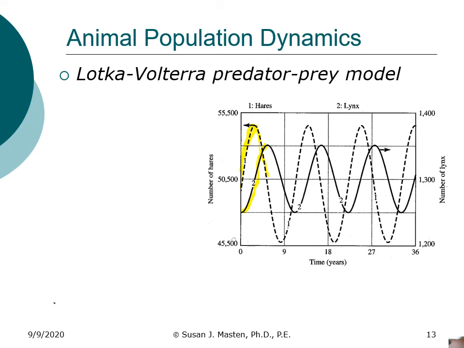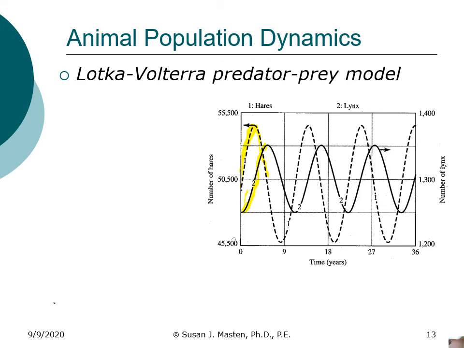The problem is there are no predators in the area. So without the predators, they continue to grow. Now, as long as there are sufficient prey, the predator population grows exponentially.